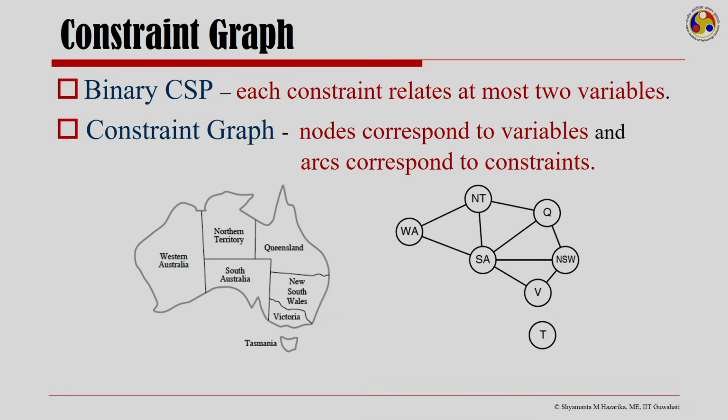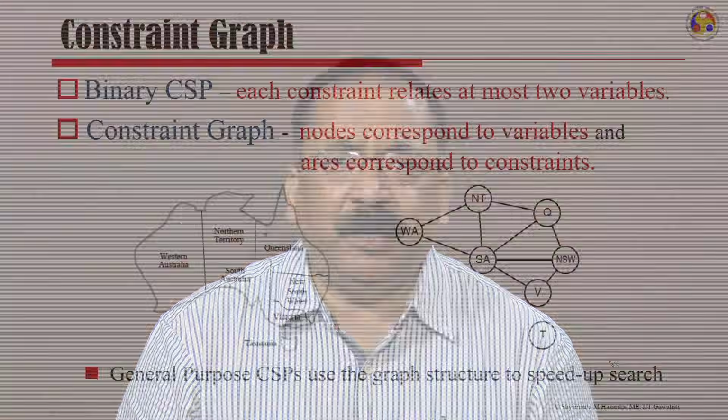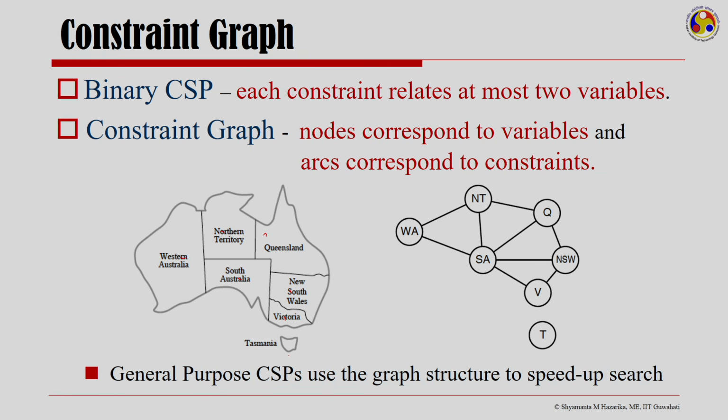Coming back to the map coloring problem here, we had 7 constraints, 1, 2, 3, 4, 5, 6, 7, and we could draw a constraint graph here to represent the relation between the variables. Each of the nodes corresponds to the variables. General purpose constraint satisfaction solvers use the graph structure to speed up search. We will look at this in one of our lectures.